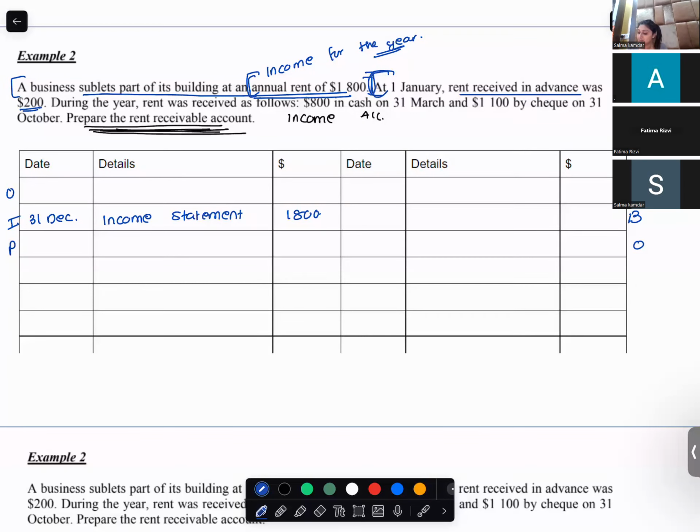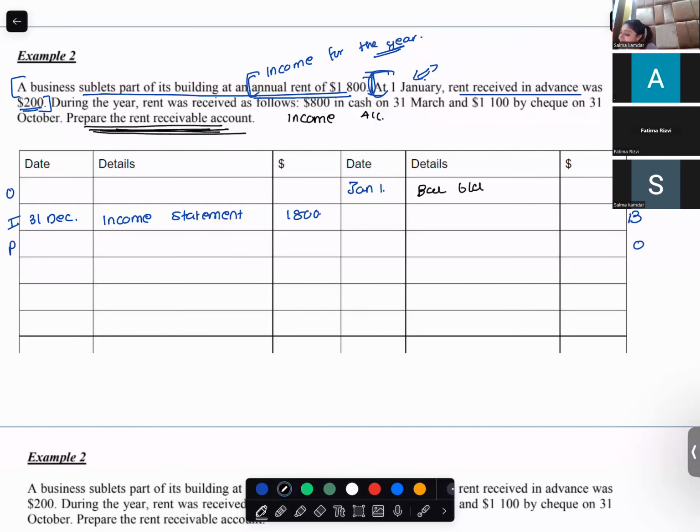What does advance mean? Pre-received. So this is pre-received on the first day, balance brought down on the credit side. I'll write 200.